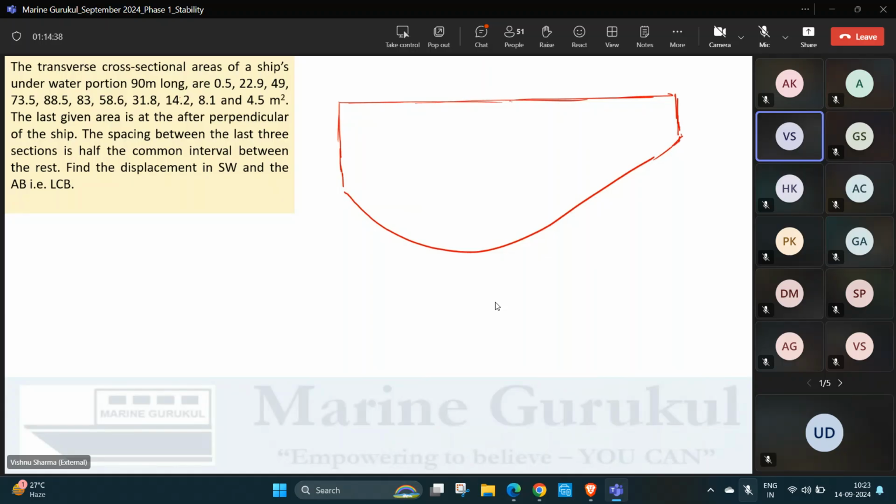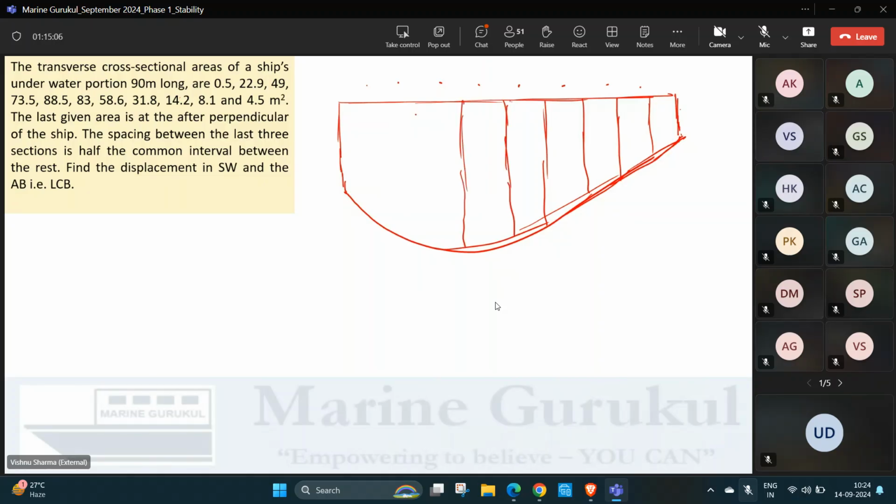I know somebody may say, why are you curving the keel? We don't have ships like this. I agree with you, but this is the best view I could think of. So stations 1, 2, 3, 4, 5, 6, 7, 8, 9, and 10.